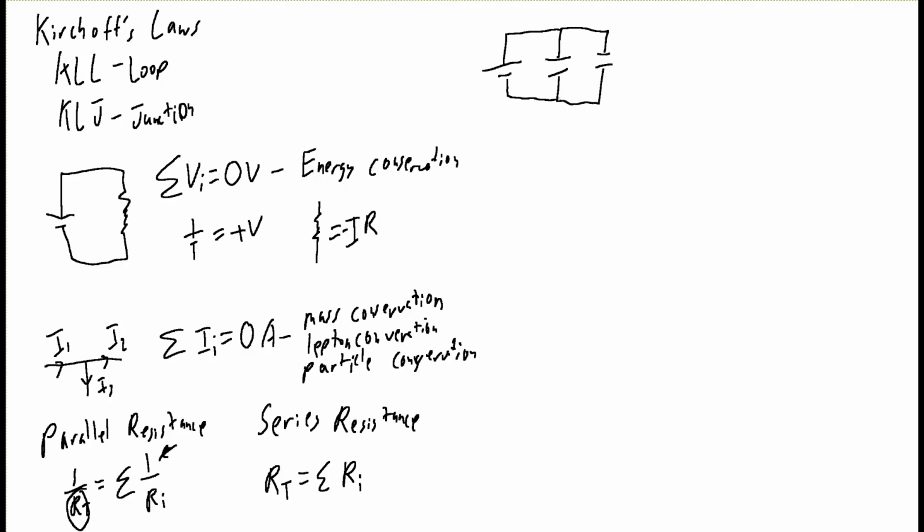These guys are going to charge up, and they're going to have the same potential as the battery. So that means we have that VB is equal to VC1, C1 on that one, and C2 on that one, and that is equal to VC2.